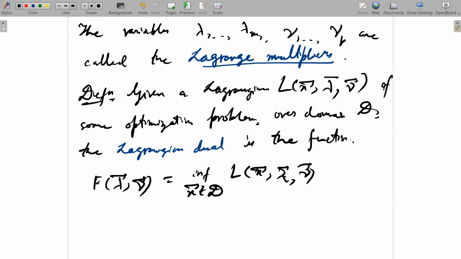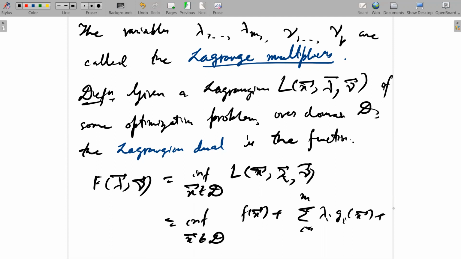So you fix lambda and nu in R^m and R^p, or whatever are the appropriate spaces. Then over this domain D, you take the infimum of this. Or in other words, if I write out the definition of L, it is f naught of x plus the summation i equals 1 to m of lambda_i g_i(x) plus the summation j equals 1 to p of nu_j h_j(x).